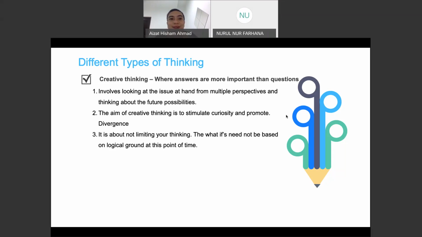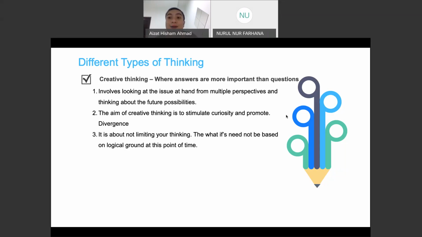So the aim of creative thinking is to stimulate curiosity and promote divergence. Those of you who have read or are fans of that movie, I cannot remember the name, but one of the series is Divergent. Divergence is basically a different way of thinking and a different way of approaching things.